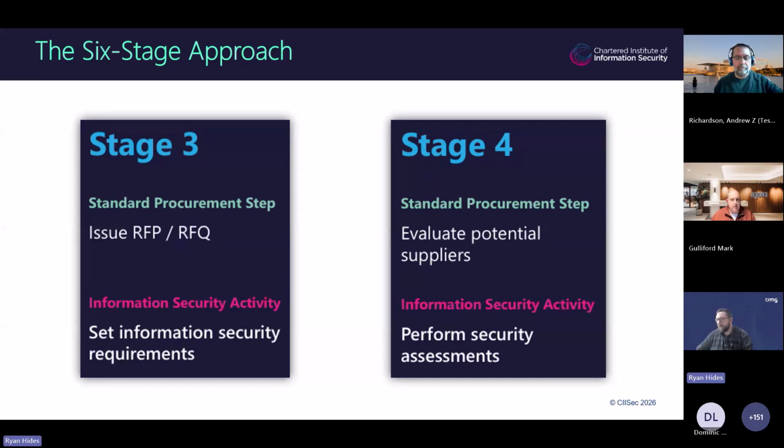So stage 3 is the RFP and RFQ. These could be questionnaires, some pre-questions that you can ask the suppliers. Can be things like we mentioned earlier about the ISO and the SOC reports.